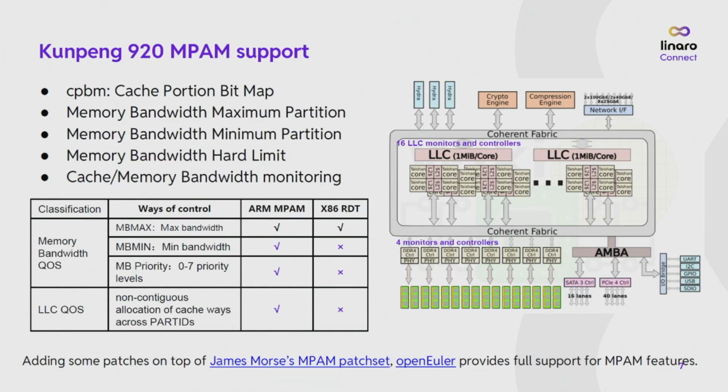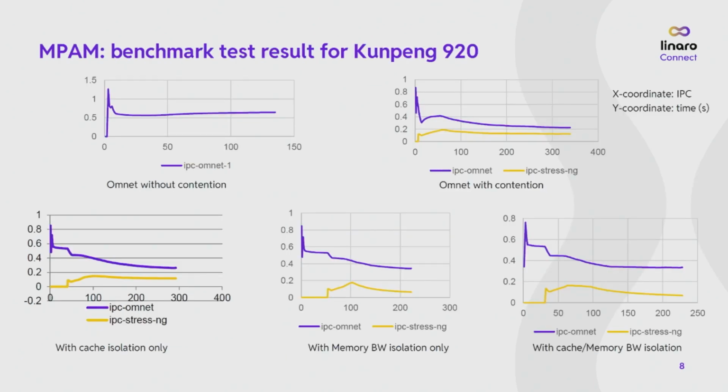Okay, with the hardware introduced and the software we are running, here are some interesting test results. The first one is the benchmark test, which shows how noise is generated and how to contain the noise. Sorry, there's a bug here.